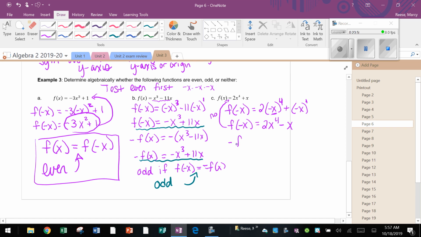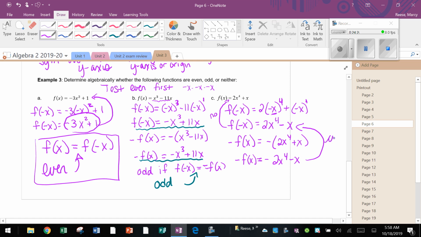Then I'm going to do my test for odd. I'm going to stick a negative through the whole darn thing. And I see that that does not match my f of negative x, does it? Okay, so this is negative f of x, right?